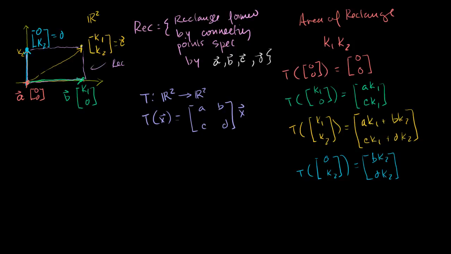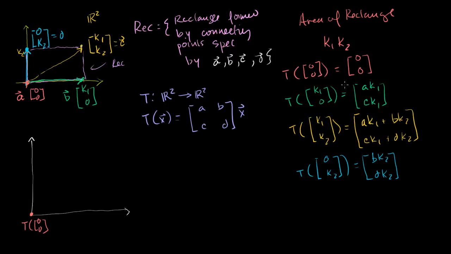Let me redraw my axes. So this is my vertical axis right there. This is my horizontal axis right there. And so A gets mapped to the 0 vector right there. So this is the transformation of 0, 0, right like that. Now what does the vector B get transformed to?